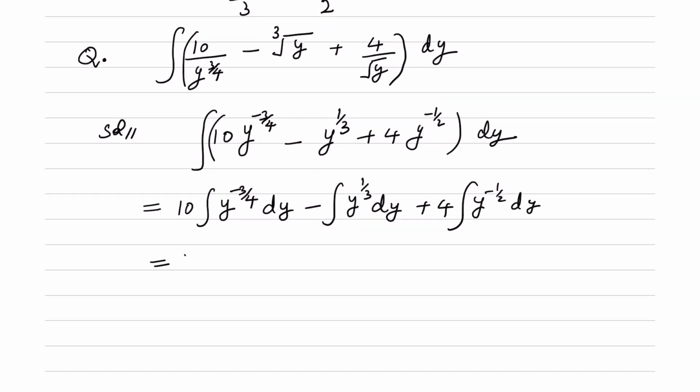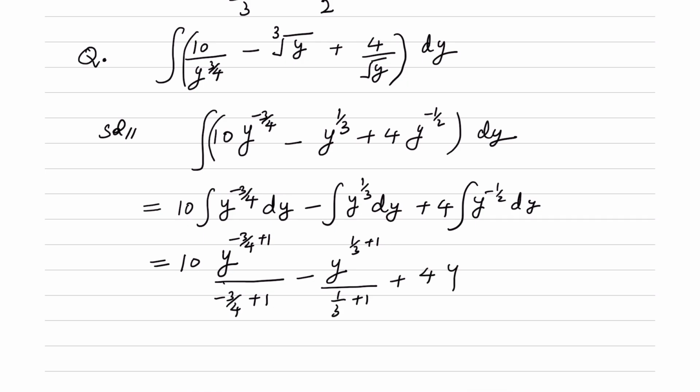It gives us 10. By the power rule of integration: y to the power minus 3/4 plus 1, divided by minus 3/4 plus 1, minus y to the power 1/3 plus 1 over 1/3 plus 1, plus 4 y to the power minus 1/2 plus 1 divided by minus 1/2 plus 1.